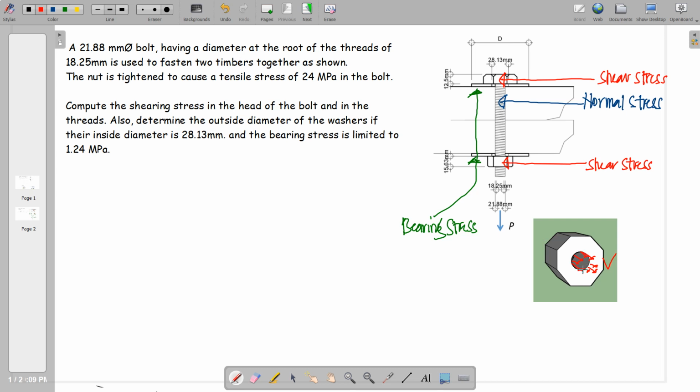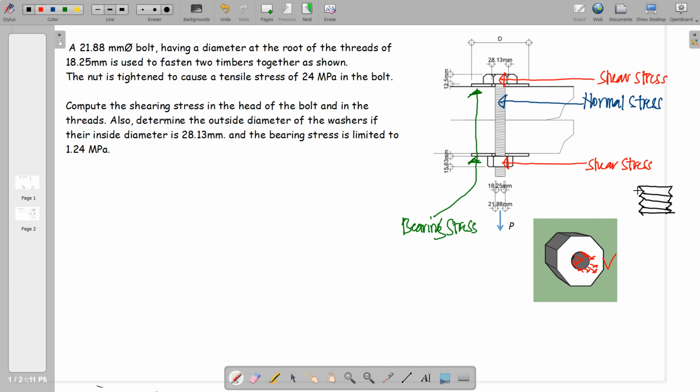And the hole is caused by your shear force or the tangential force that is within the perimeter of your head of the bolt.